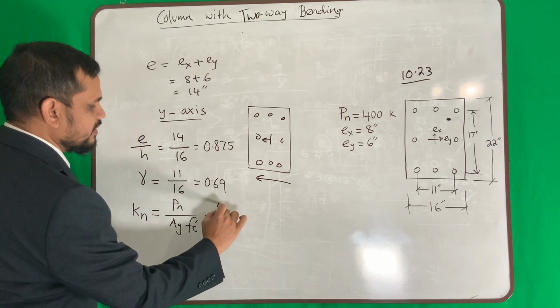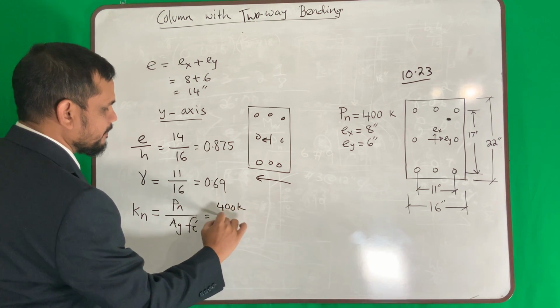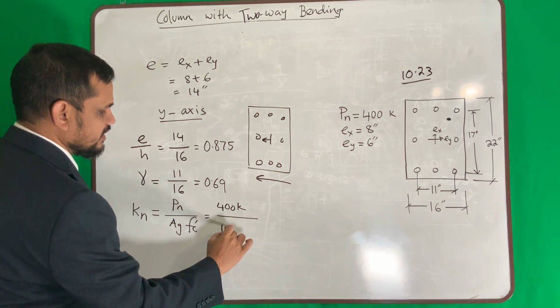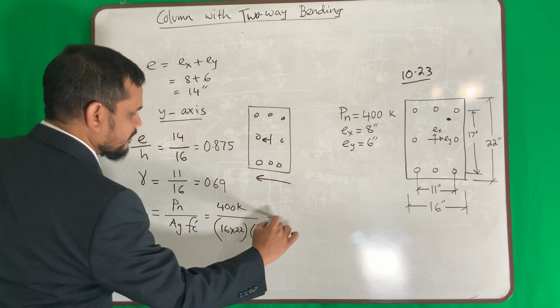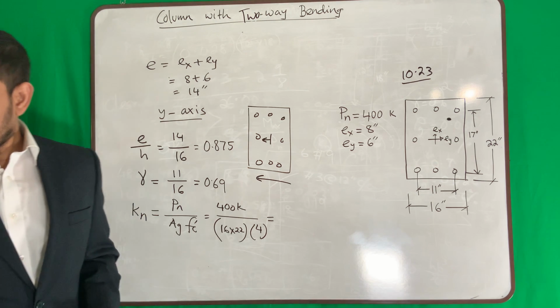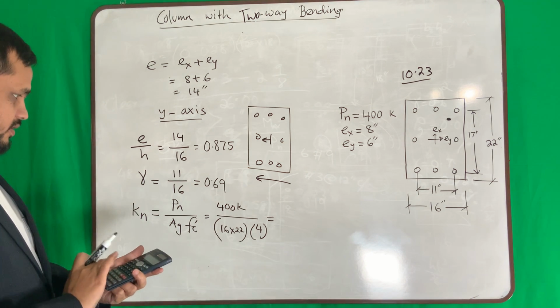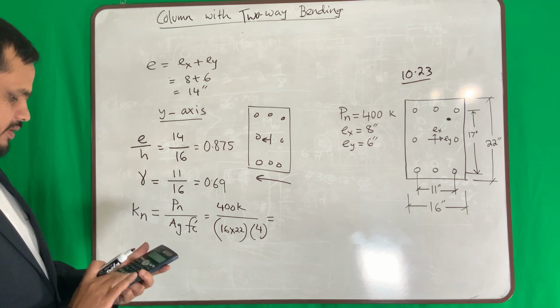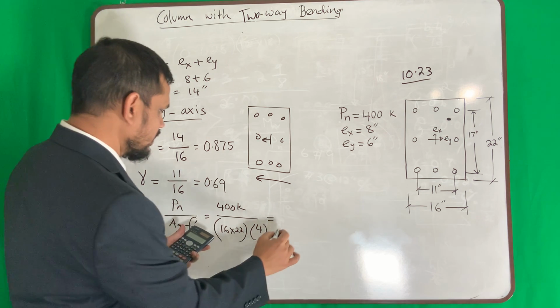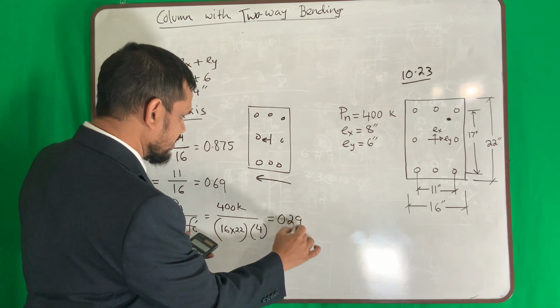So Pn is given, 400 kip. Ag is 16 times 22 inch square, f'c is 4. If I do this calculation, 400 divided by 16 divided by 22 divided by 4, I got 0.29.